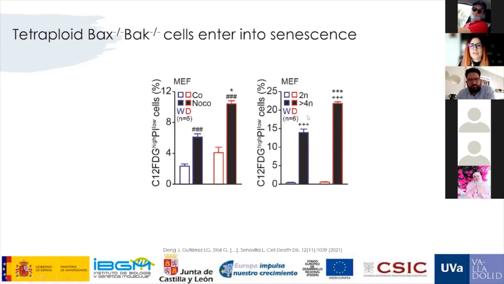And we observe, in fact, that mostly all the senescent cells are tetraploid cells. And this effect was higher in DKO cells compared to the wild type ones.